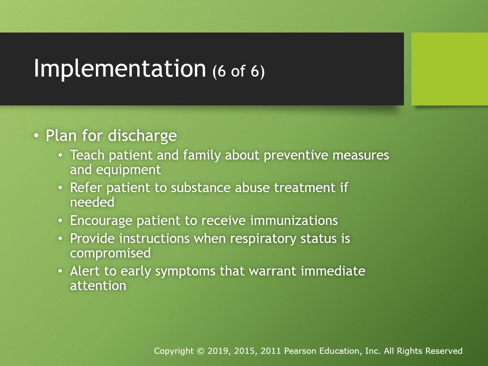Plans for discharge. Planning and teaching for home care focus on the problem that caused the respiratory acidosis. So you're going to teach the patient and family about preventive measures and equipment that may be used in the home. The patient who developed acute respiratory acidosis as a result of acute pneumonia or chest trauma may require only teaching to prevent future problems.